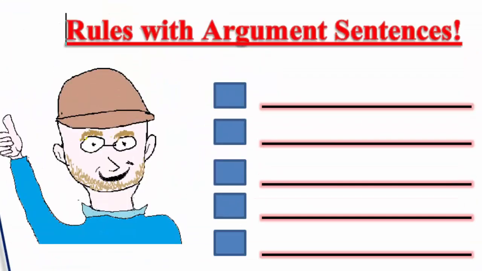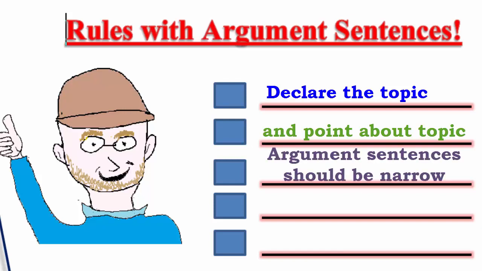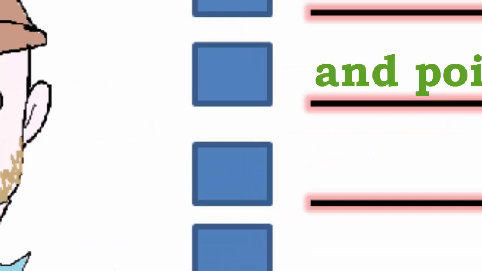Okay, so some rules about these argument sentences. First, they should declare the topic of consideration and your point, the main idea as we just discussed previously. Also, and this is the biggest problem that people face with argument sentences, try to make them as narrow as possible. If your argument sentence leads you to write a page-long paragraph, you probably need to narrow that claim.